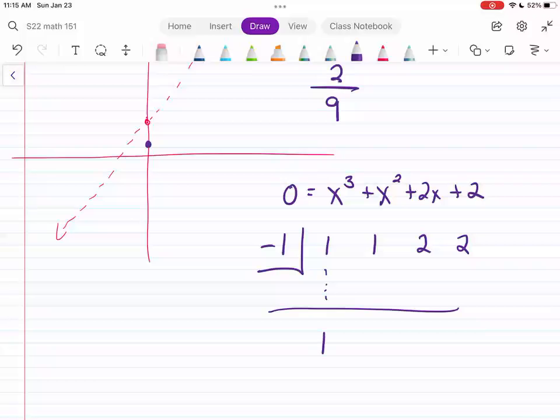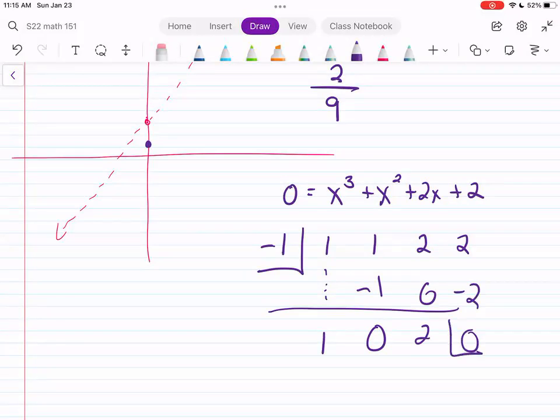Remember, we drop this down, multiply, add, gives us -2 and 0. So this tells us that we have a factor of x plus 1 using this 0. And then our other factor is going to be x squared plus 2. This has no real solutions. So that -1 is our only x-intercept.